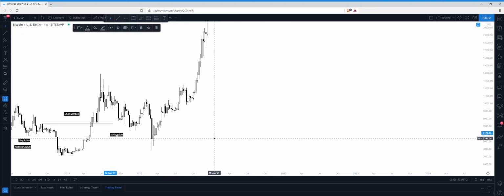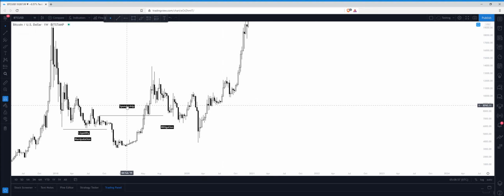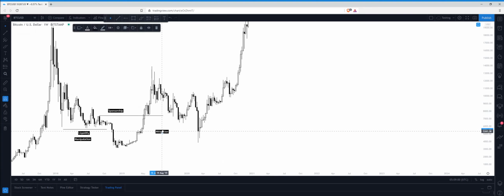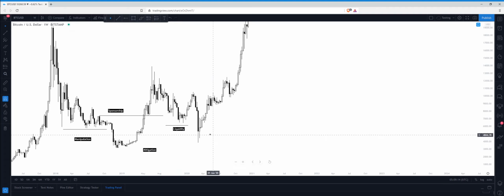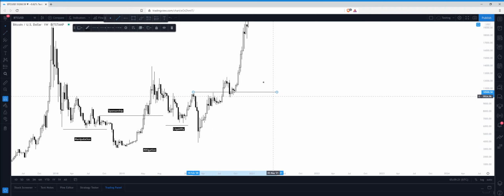Now, let's see if we can see this exact same pattern play out again. Equal lows, liquidity. We move back below the equal lows. We then break above.